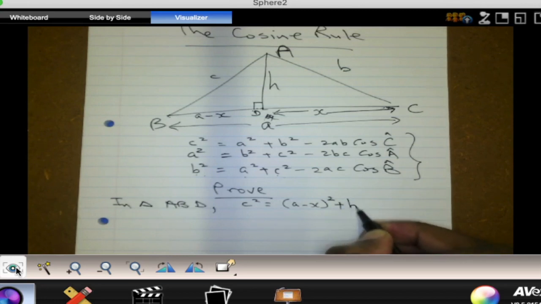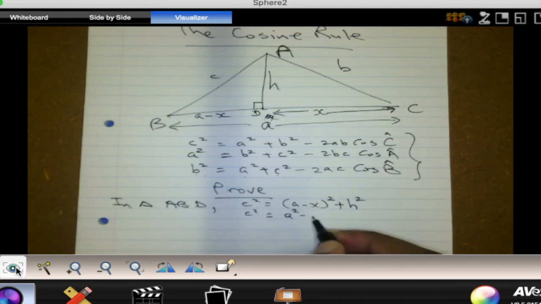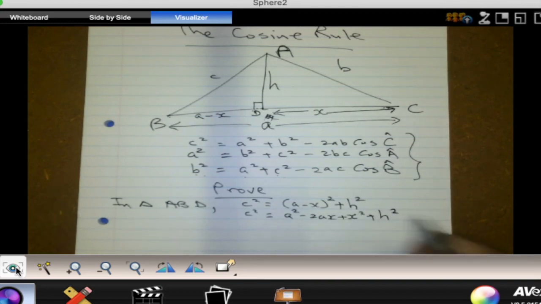Plus h squared, correct? Okay, let's simplify it a little bit. I'll remove those brackets. So that would be a squared minus 2ax plus x squared plus h squared, right? Okay, I'm just removing those brackets. So I'll call this one equation number 1. We will use it later.